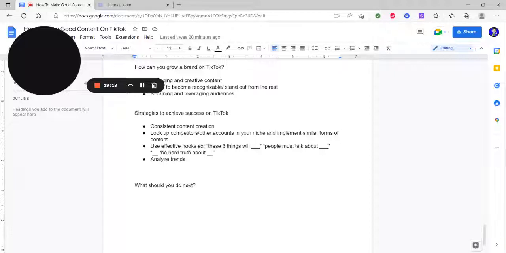So if you can implement these strategies, you're good to go for sure, and you're able to grow to a different level. So what should you do next? What you could do next is, of course, implement these strategies and look at ways you can be a unique individual. What's going to separate you from everyone else? And find a niche, of course, and find ways that you can be a good content creator.